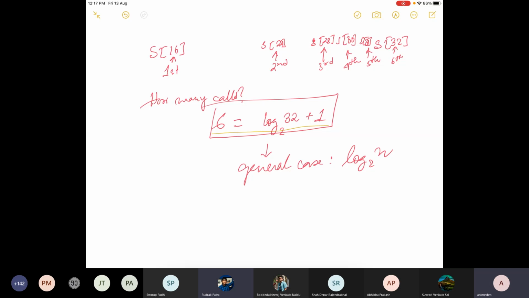Like in 3129, how many calls will there be? 6 calls. Why? Because from the fifth call, we will see that 29 is less than the 31 position. Then what will you do? It will return location equals 0 immediately.